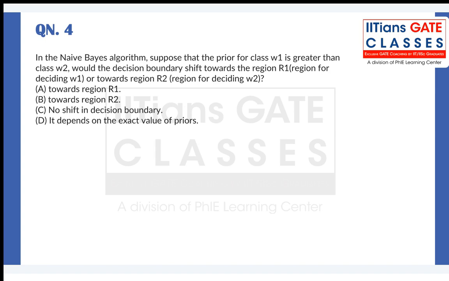So this one I didn't teach you, but still let me go through what this is. Typically, yesterday when we were looking at the naive Bayes algorithm, let's say this is your Cartesian plane.